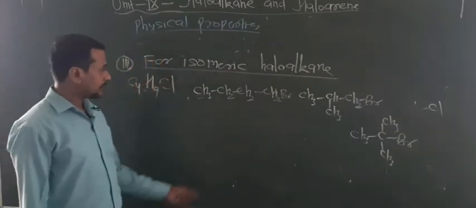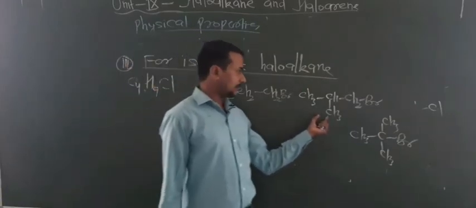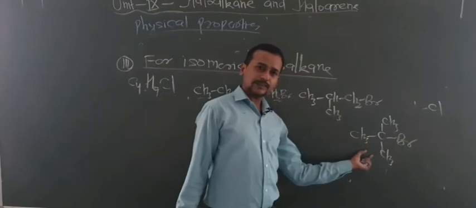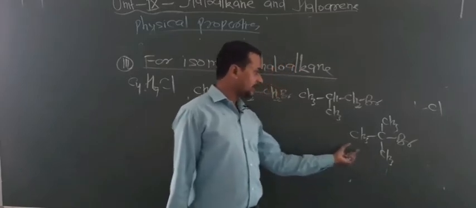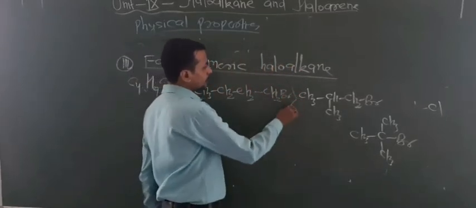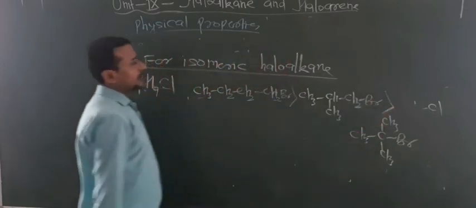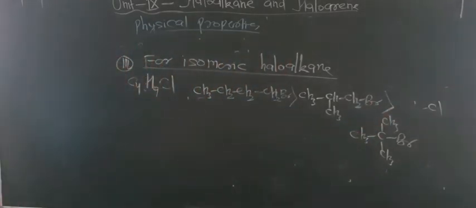Again look here: more surface area, less surface area, least surface area. Either you can say more branching and less branching. The less the branching, the higher the boiling point. So in this way you can also calculate the boiling point of isomeric alkyl halides.